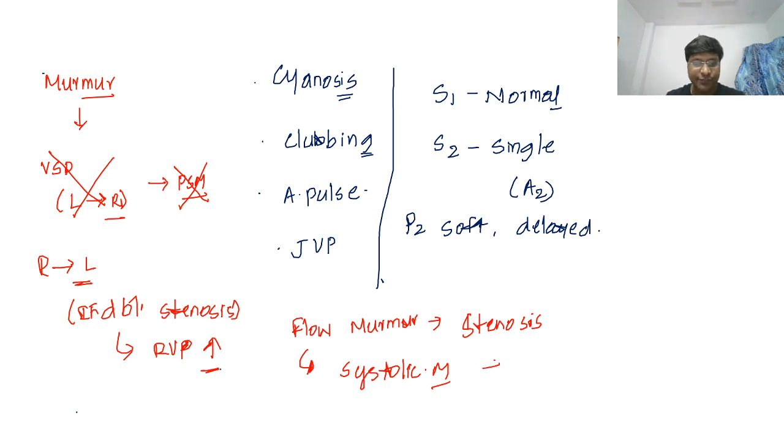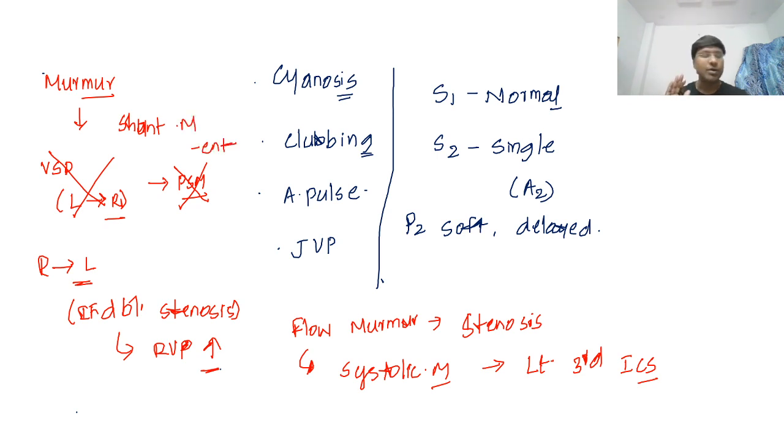You will hear this systolic murmur in the left third intercostal space. So this is about the murmur you will have in patients with tetralogy of Fallot, which is nothing but your systolic murmur. The shunt murmur is absent. What is that shunt murmur? That is your VSD shunt. The shunt murmur is absent.